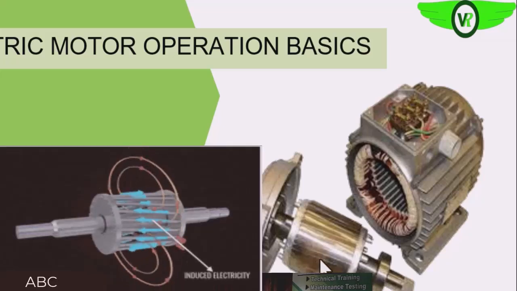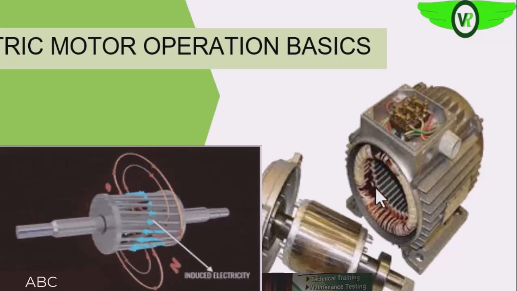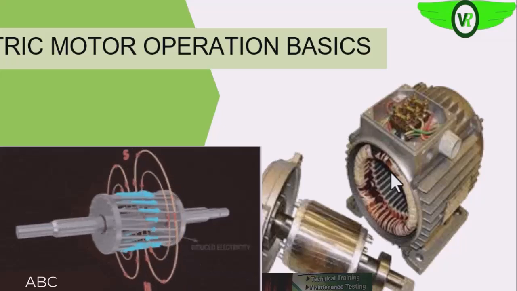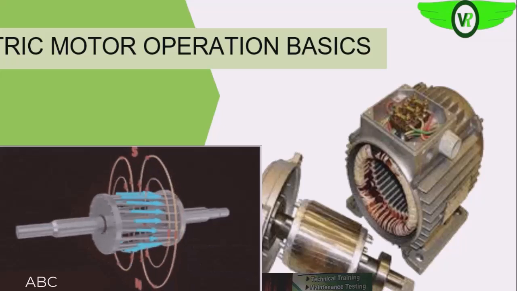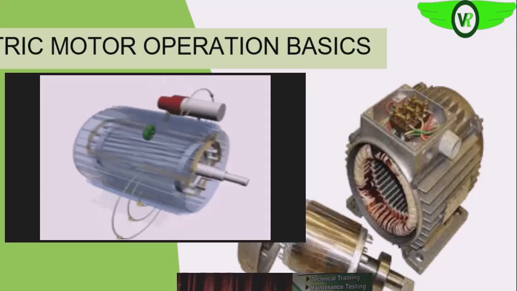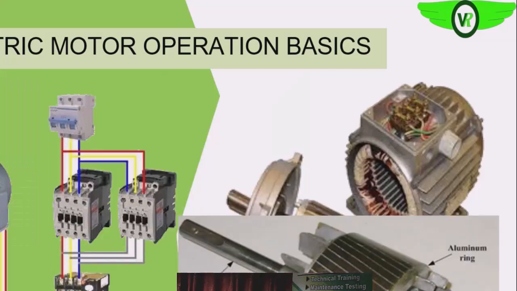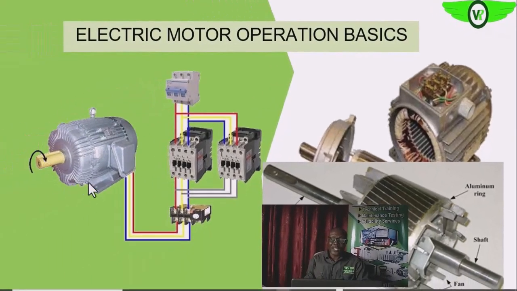That magnetic field on the rotor will now interact with the magnetic field on the stator. That is what we call the magnetic flux linkage. The resultant effect is that a tangential force is created on this rotor, and the rotor will start turning in the direction of that phase sequence, as we have discussed before. So the electric motor will start turning.